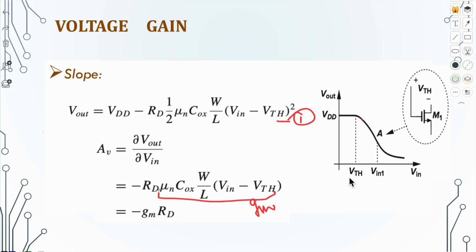You can note that this voltage gain depends on two factors, the transconductance and the load resistor, where this transconductance gm is proportional to the aspect ratio, or the size of the MOS M1. So the larger the device, the larger the voltage gain, with a trade-off of chip area.